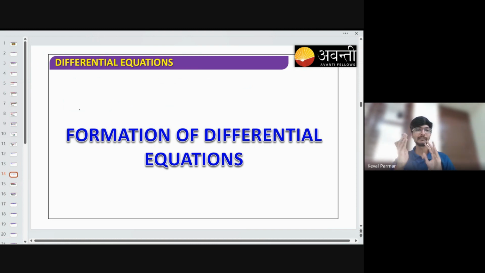Formation means I have to make differential equations. How will I make a differential equation? I will be given an algebraic equation with no differential coefficients. Now what do I have to do? If you know indefinite integration, then you know that there is something called C. We introduce plus C, which is an arbitrary constant.